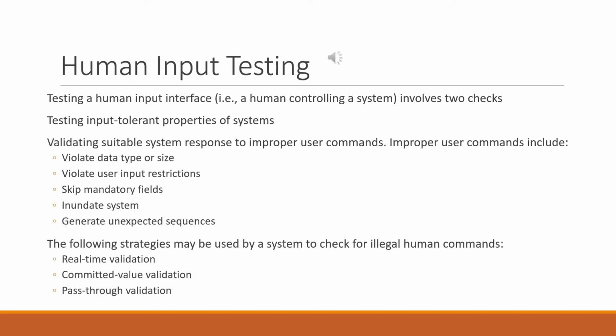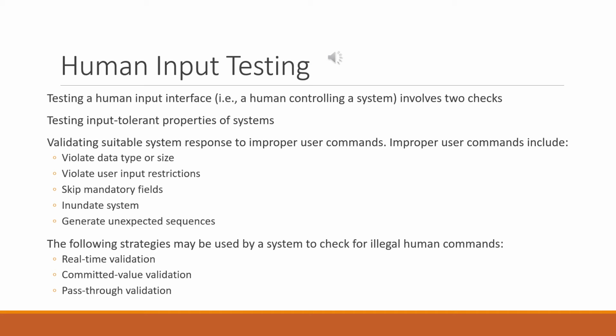Human input testing. When testing a human input interface, or a human controlling a system, one must first validate that the system responds correctly to proper commands. Second, one must verify that the system recognizes, tolerates, and properly handles operator errors.